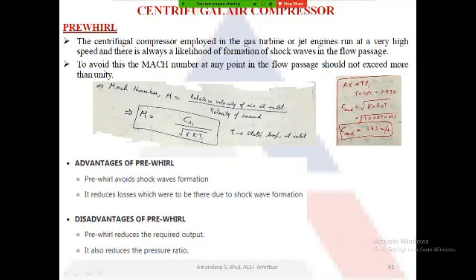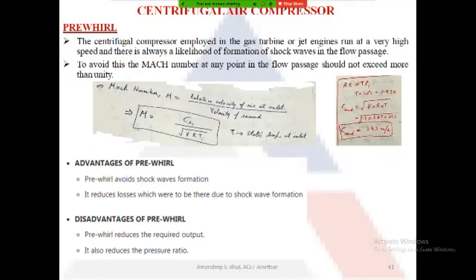Okay, so if I increase the speed, before I talk of the pre-whirl, there is a new term that comes in, that is known as the Mach number. Now Mach number, if I define, it is the actual velocity of air divided by the velocity of sound. So the velocity of air, if I compare it with the velocity of sound, I get a Mach number.